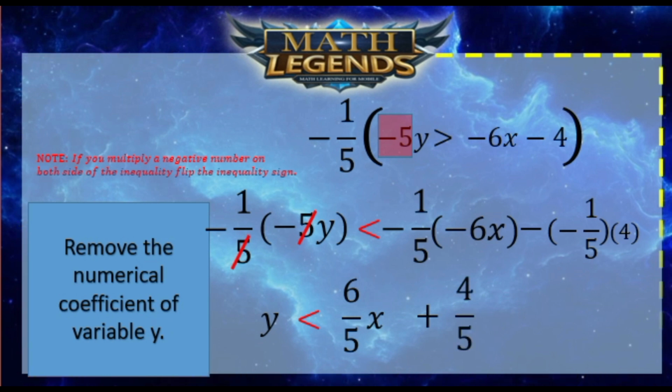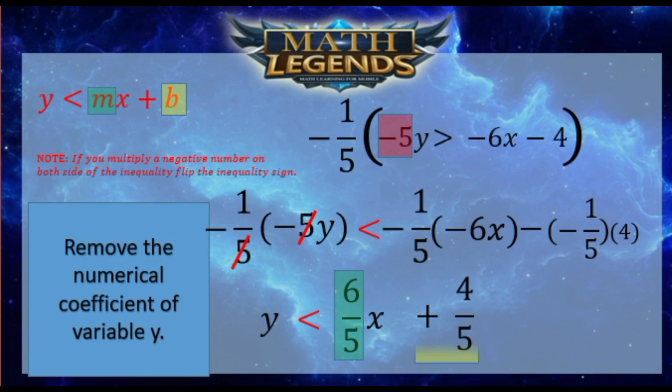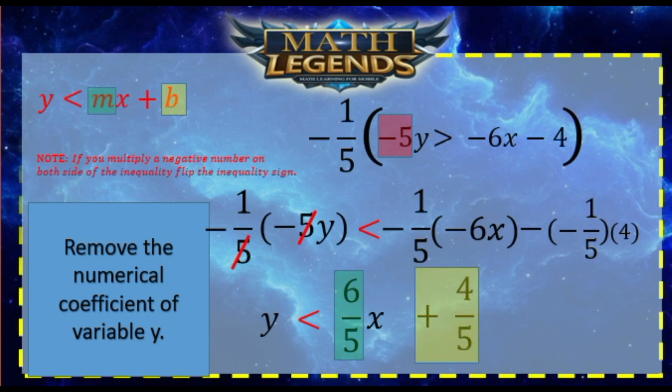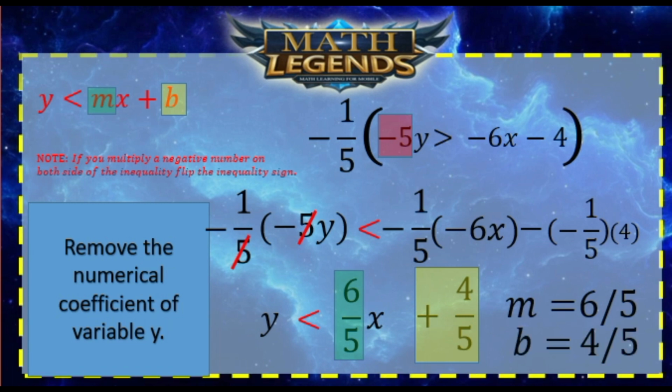And in here, from our slope-intercept form, we have the value of the slope, and we also have the value of our y-intercept, wherein the slope or the m is equivalent to 6 over 5, and the y-intercept that is equivalent to 4 over 5.